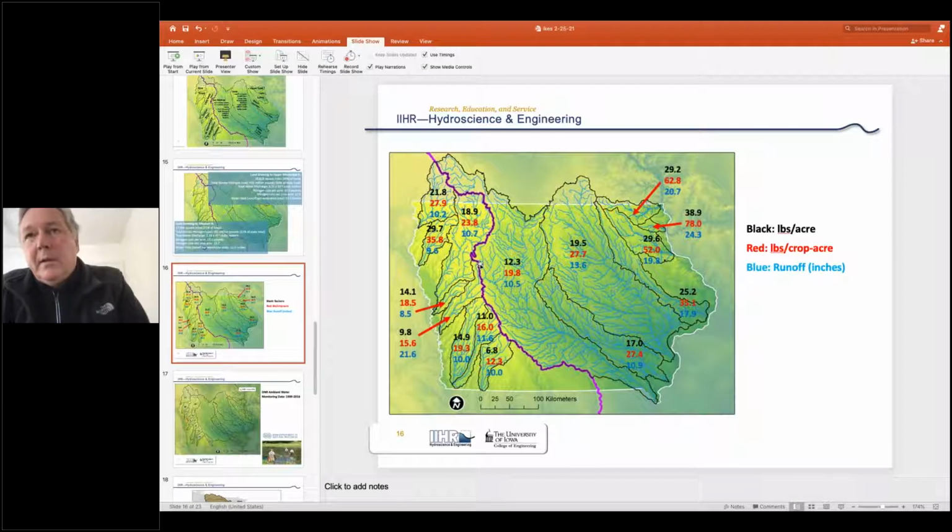Northeast Iowa is quite remarkable here the last few years in how much nitrogen we're losing from those watersheds. You can see the Yellow River there, the loss there, 78 pounds per crop acre. That's really pretty astonishing. What we have up there is thin topsoils, maybe 12 inches of topsoil, and we have the karstic bedrock very close to the surface, very porous, and the karst basically acts like tile.